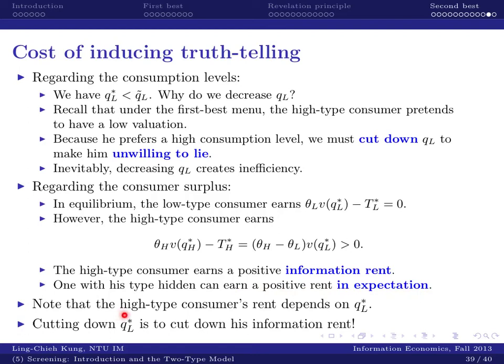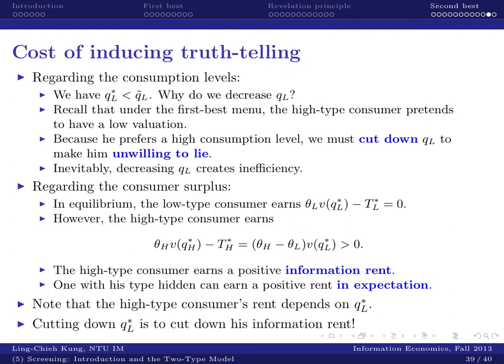Note that the high type consumer's rent depends directly on QL star. And this is the only thing decided by the manufacturer in this expression. So as a seller, I need to decrease QL because I want to limit the rents paid to the high type consumer. So I need to make QL smaller.